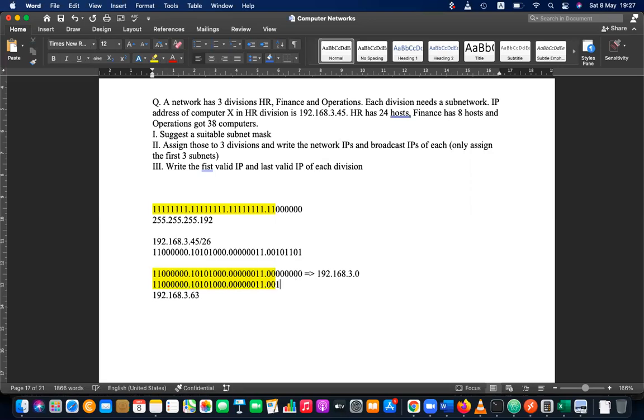Maximum host portion is 111111. That is 1 plus 2 plus 4 plus 8 plus 16 plus 32. It's 63, correct. That is broadcast.